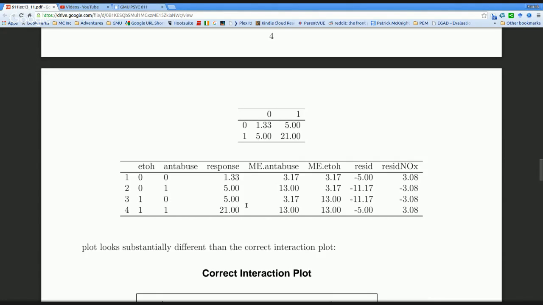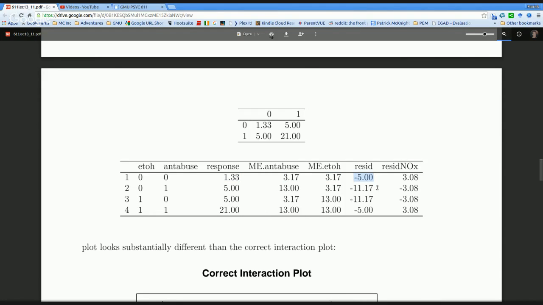We have to take out the main effects. So what does that mean? This is the mean response rate for these two groups. But in order to understand what the effect is that we're testing, we have to take the response rate, and then subtract out the mean of antabuse, and then subtract out the mean of alcohol. And when we subtract out both of these from this value, we get -5.